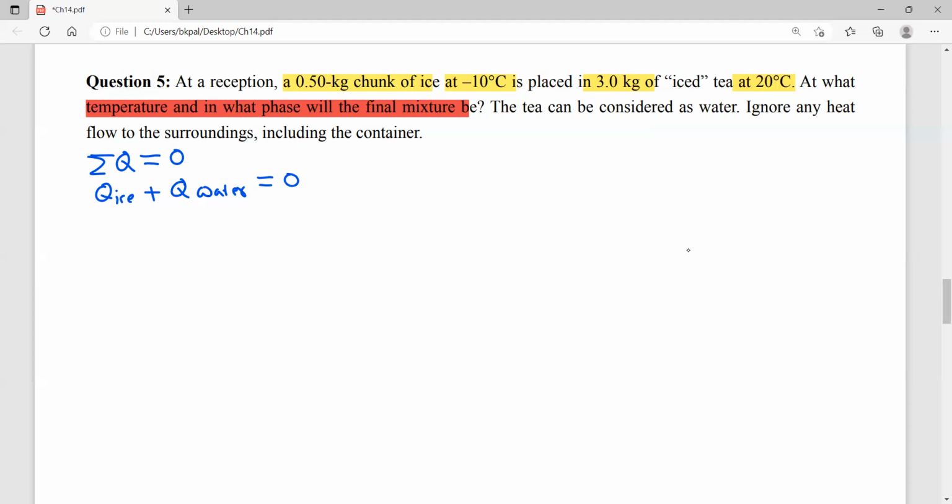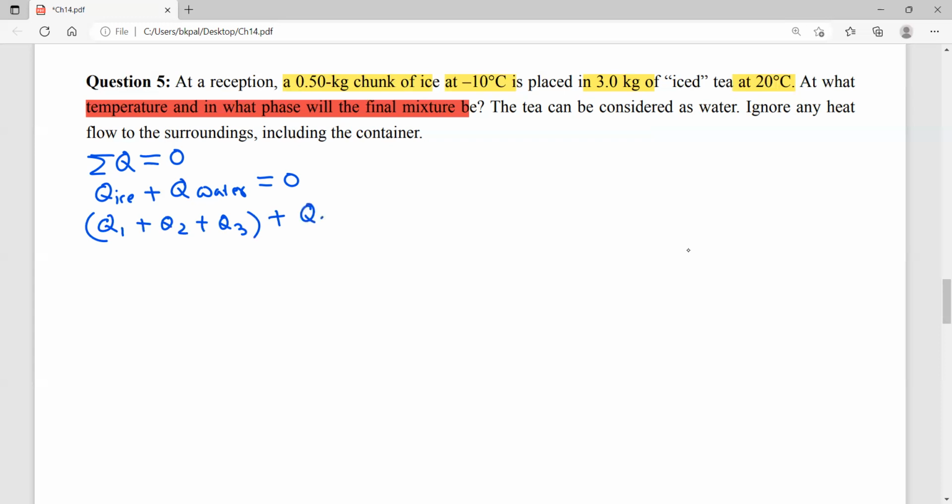So for ice there will be three terms, and for water there will be one term. Similar to the last problem, but in the last problem heat was removed from the system, and here heat will be added to the ice from the water, from the tea actually.